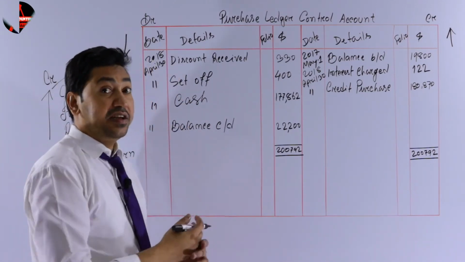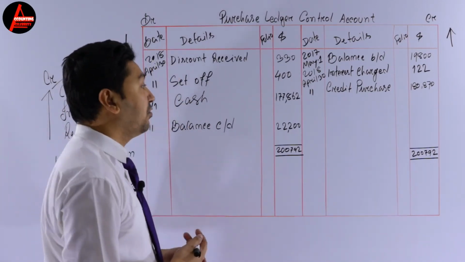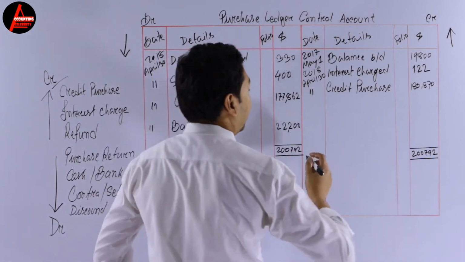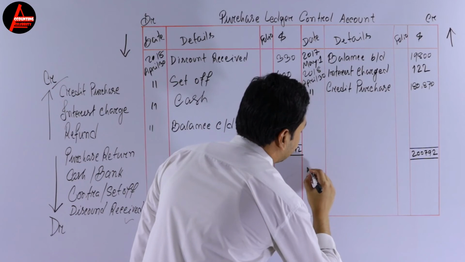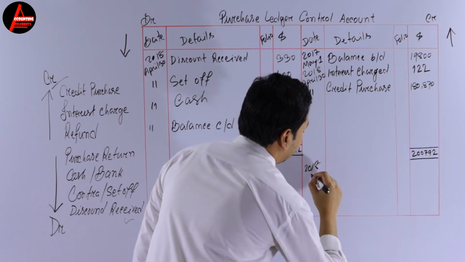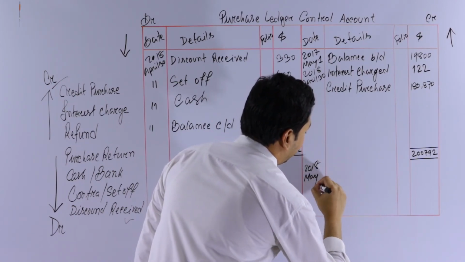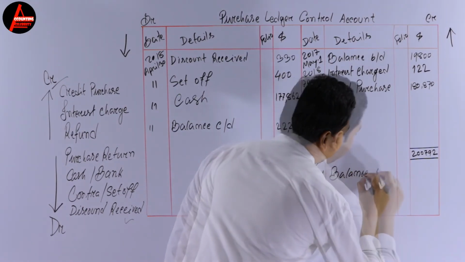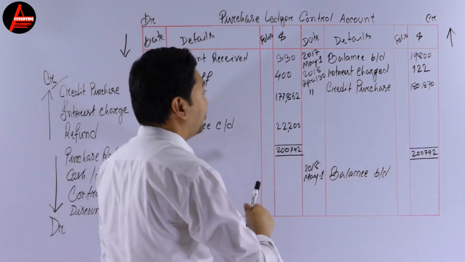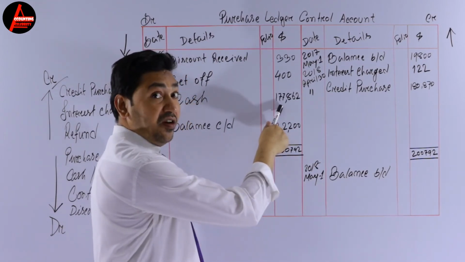Okay, now you need to bring down your balance. So balance CD is here in the debit column, so balance BD will be on the opposite side. So the next date will be the first day of next year, so 2018 it will be May 1st. Let us write here balance BD. So which one you write? This one? No, not this.